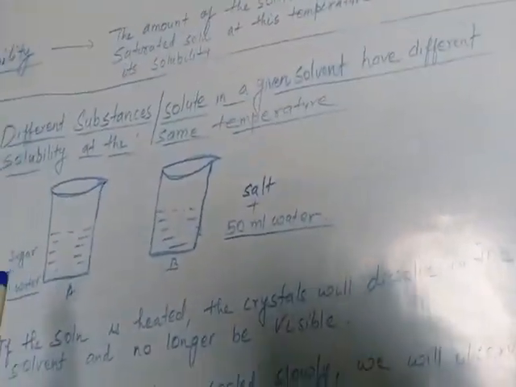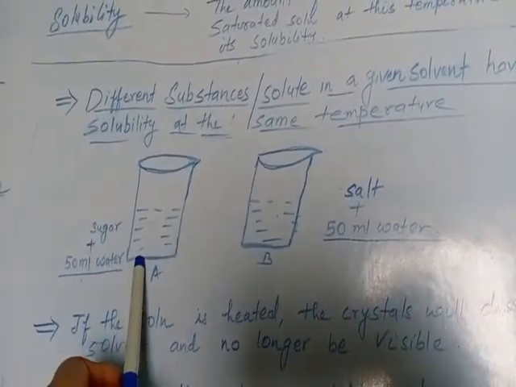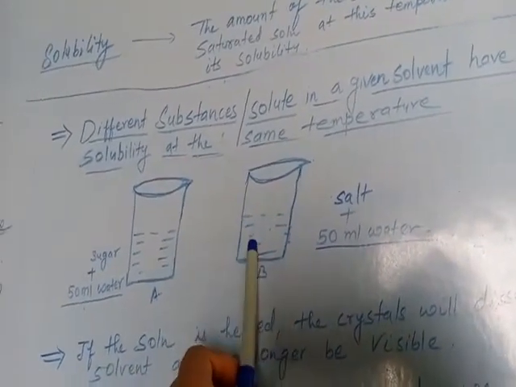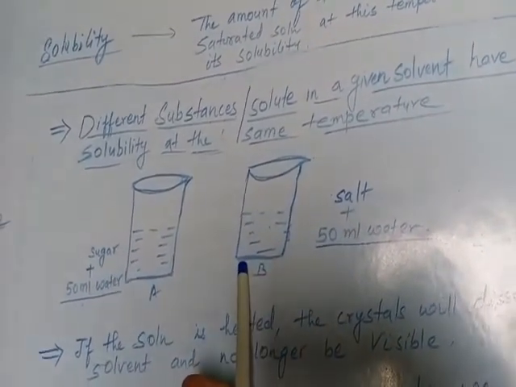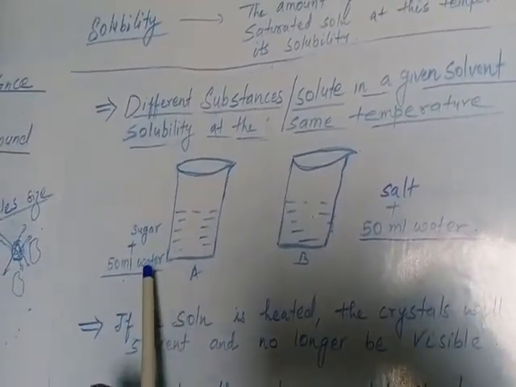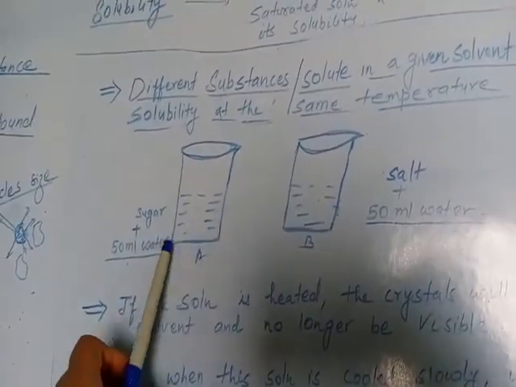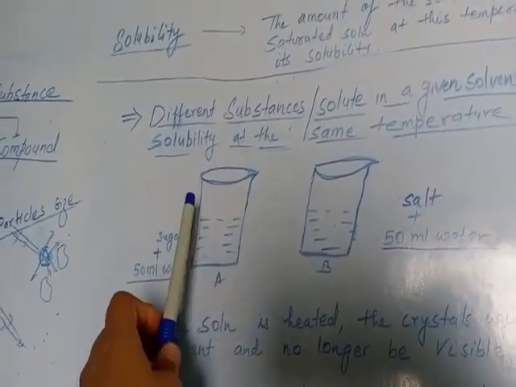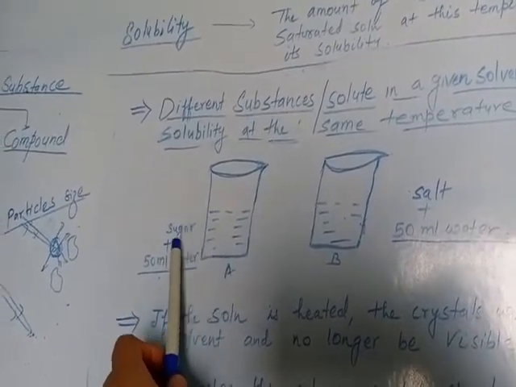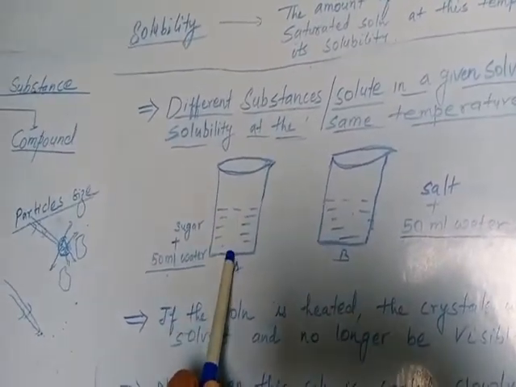For example, if we have some sugar to dissolve in 50 ml of water, and some salt to dissolve again in 50 ml of water, so we have two beakers A and B. In beaker A, we keep adding sugar crystals to dissolve in 50 ml of water. Now a condition comes when no more sugar can be dissolved in the solvent.